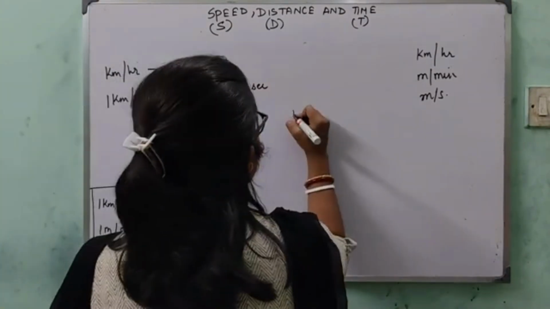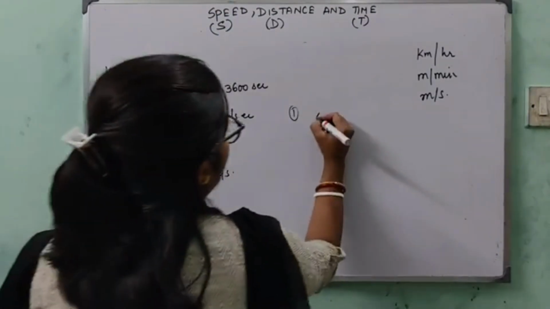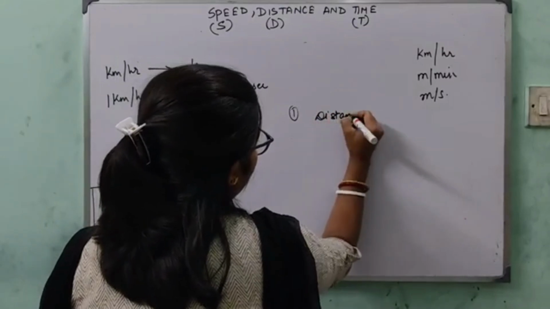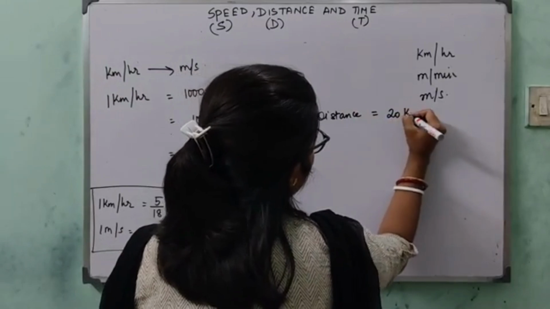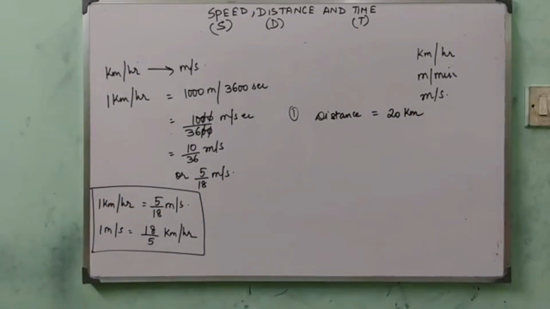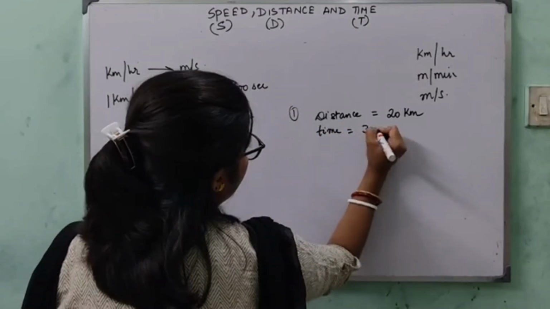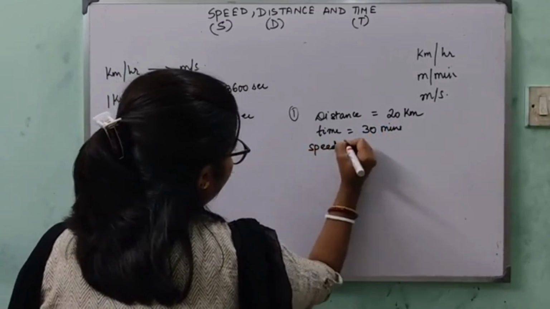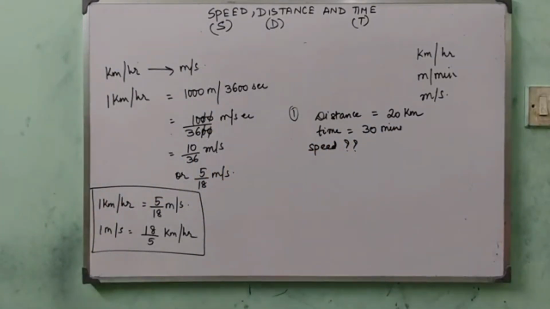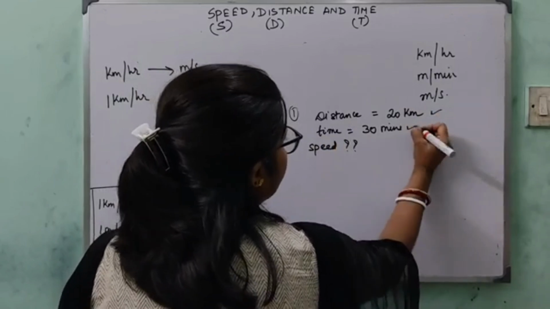All right. Now let us do some sums. Say for example, I say a distance covered by a body is 20 kilometer and time taken to cover the distance is 30 minutes. You are asked to find the speed. So what are we going to do over here? So distance is in kilometers, time is in minutes.